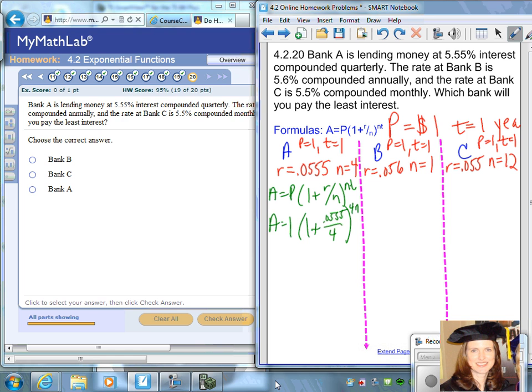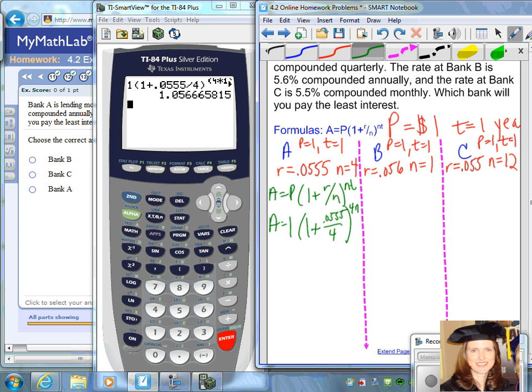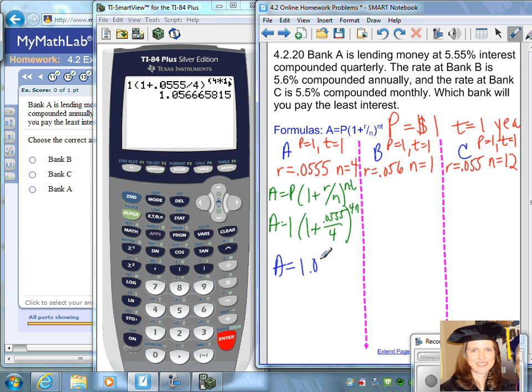Use a calculator. 1 times 1 plus 0.0555 divided by 4, raise it to the 4 times 1 power. I'm going to put that in parentheses, 4 times 1. At the end of the year, that $1, you would end up owing 1.05666, and so on, 658. So $1.05, almost $1.06.